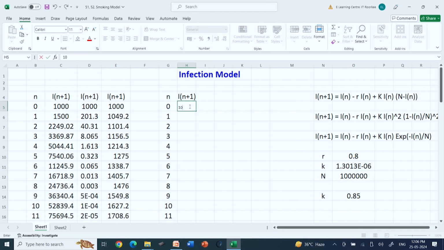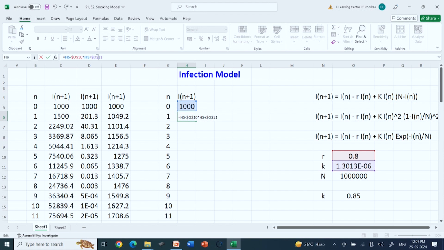So, this was 1000, this is equal to I n minus r times again I n. So, r is a constant, I put a $ sign, plus k, this is the value of k, which is again a constant.